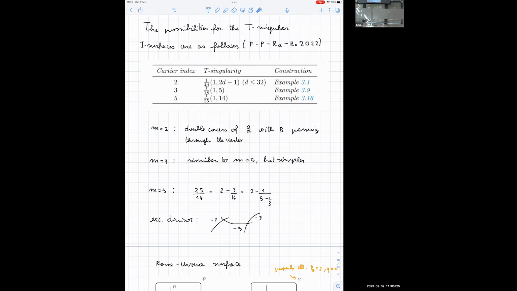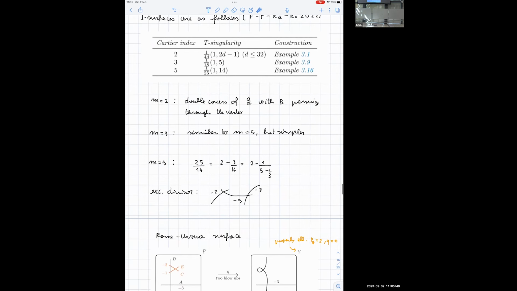If you make it more tangent or more singular, then you get singularities in the same series, but with higher d. For m equal 3, I'm not going to explain what it looks like, because the structure is similar to m equal 5, but I think m equals 5 is more interesting.